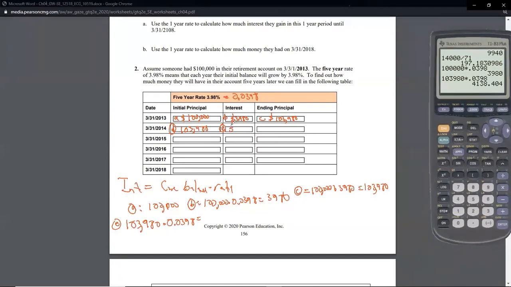4138, so this is dollars still, 4138.40. And then block F, we're just going to take block D and block E and add them. What we had in the account plus what the bank just gave us for free.